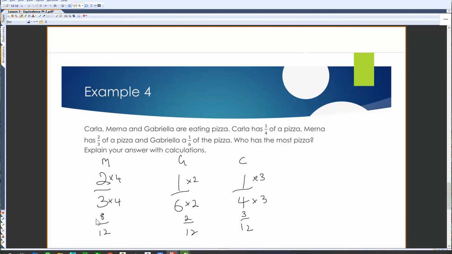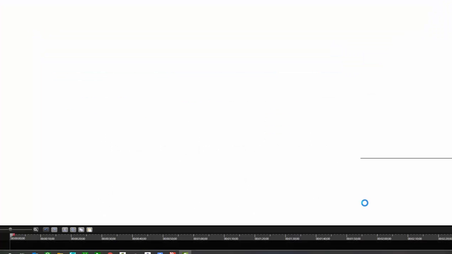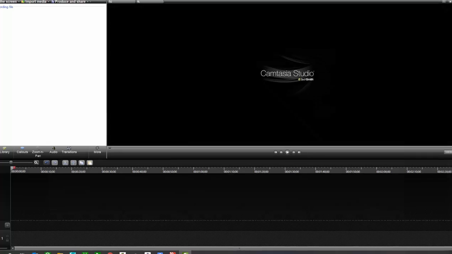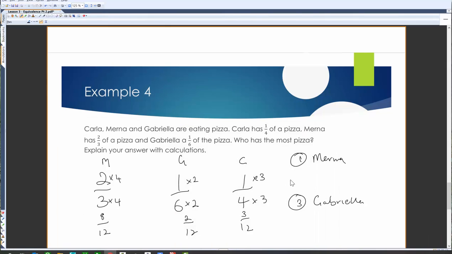So we can quickly see here that Myrna, she ate the most, 8 parts out of 12. Gabriella ate the least. And right in the middle there was Carla. She ate 3 parts out of the 12.